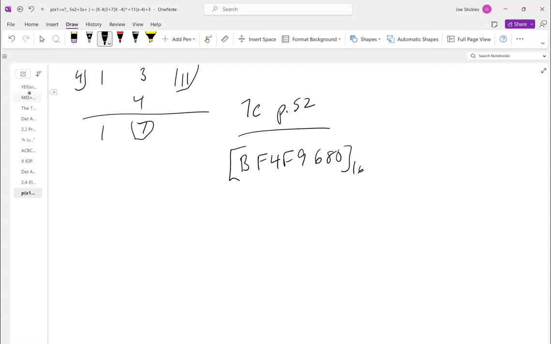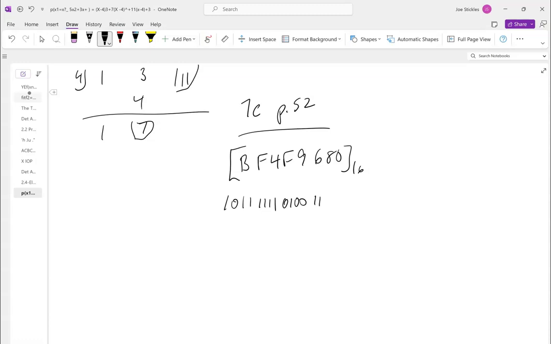So now we just need to figure out the binary representation for each of these digits. Well, B is 11. To get 11, I need an 8, a 2, and a 1. That'll be 11. F is 15. That one's easy in binary. It's all ones. 4 ones. 4 is 0, 1, 0, 0.